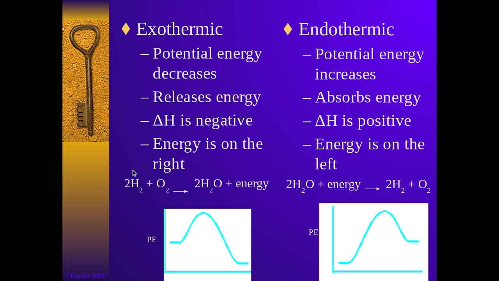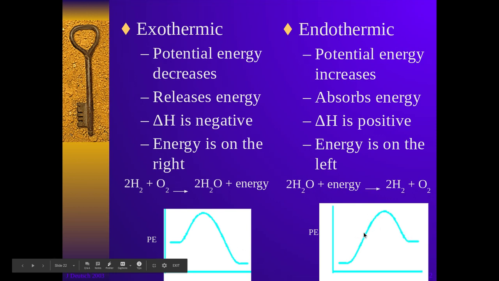Right? Exothermic reaction produces energy. It means it gives it off. So obviously, the products have less of it because they're producing the energy. Whereas over here, the reactants are the ones that are gaining the energy, and that's considered an endothermic reaction.